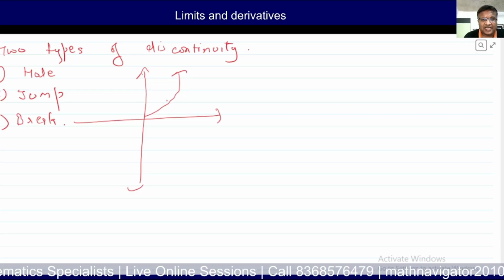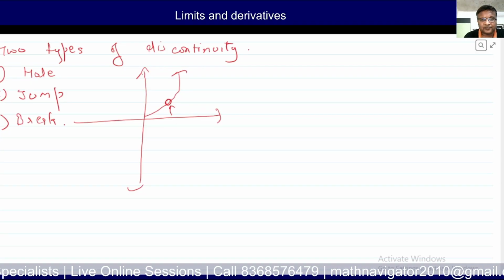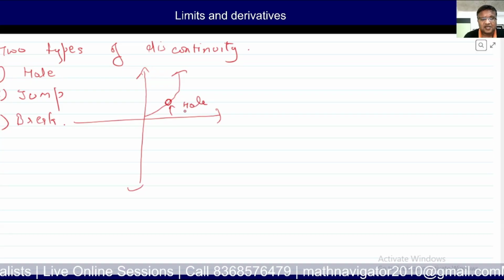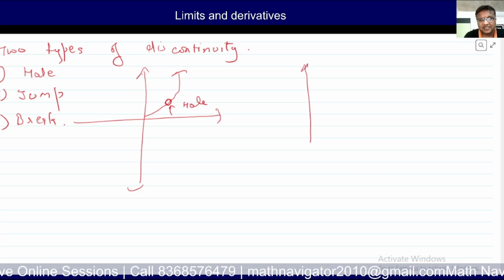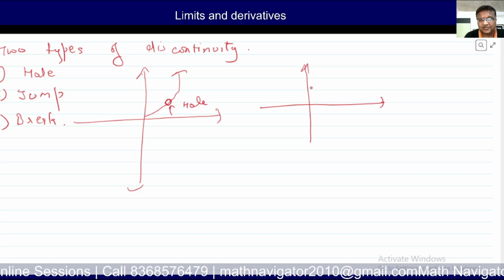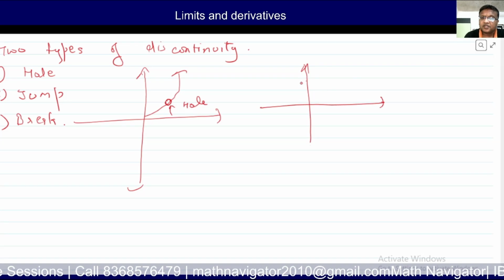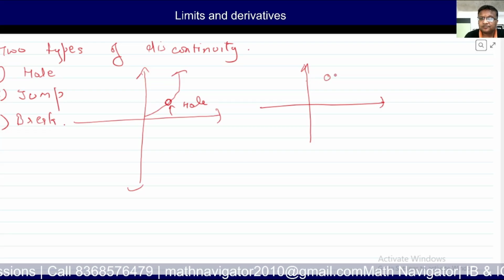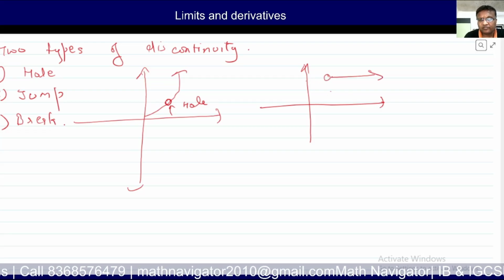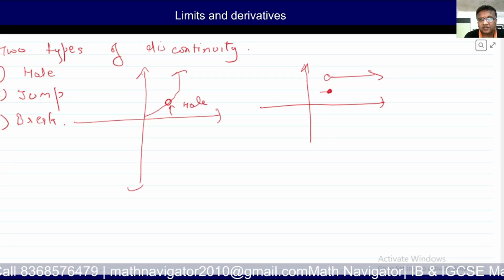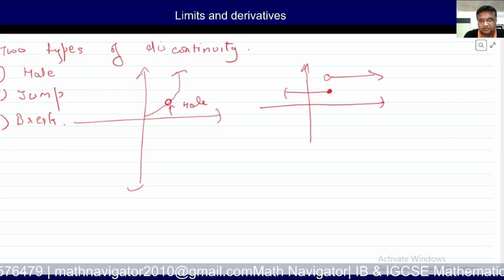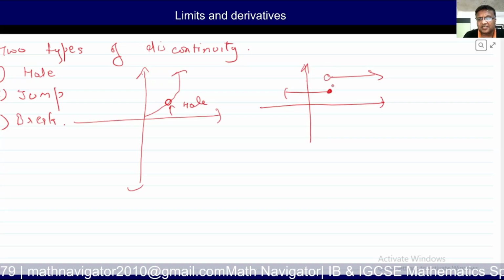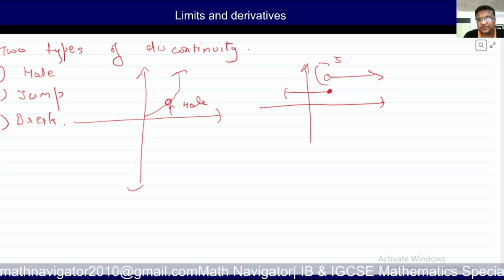If I have a function like this, this thing is called a hole. And let's say I have a function something like this. This is called a jump, because at this point there is a jump.